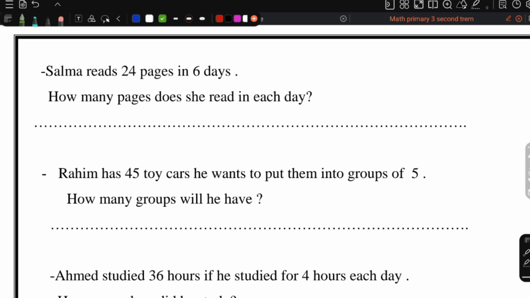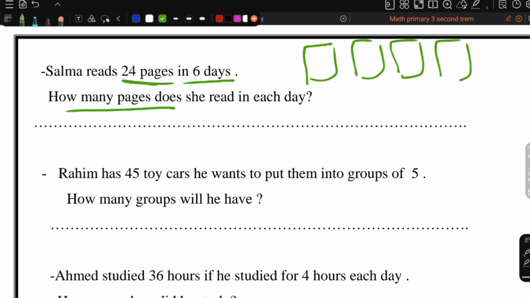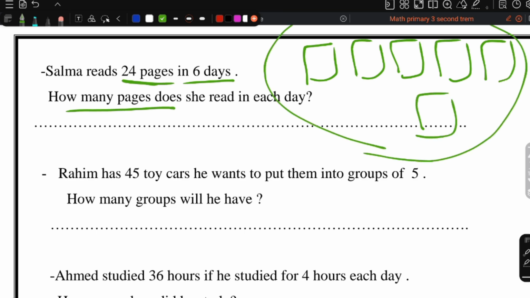If we look at these word problems: Salma reads 24 pages in 6 days. How many pages does she read in each day? So in 6 days she read 24 pages in total. In each day, how many pages does she read?